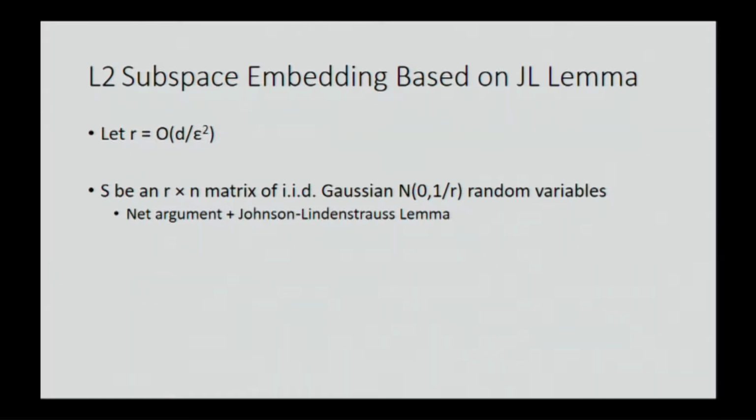The proof of this is basically you use the Johnson-Lindenstrauss lemma to show that for a fixed vector, you preserve its length with super high probability. And then you put a sufficiently fine net on the entire subspace, and you argue that you preserve all net vectors, and therefore you preserve the entire subspace. Okay, so this is all standard stuff.